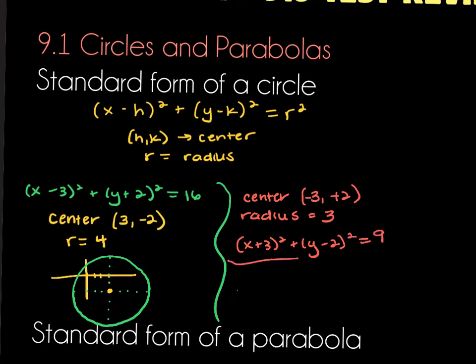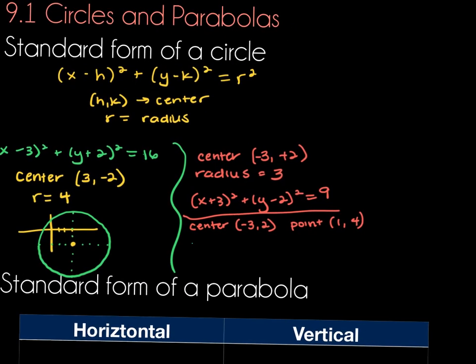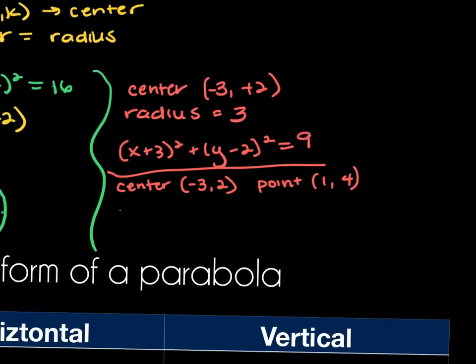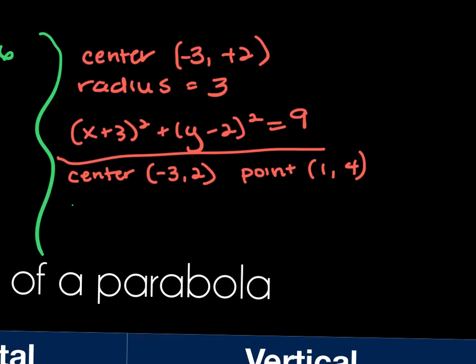And then the last way you could see it is if you're given the center and a point. So like negative 3, 2, point on it, 1, 4, let's say. And so for that, you're going to plug the center in as hk and the point as xy. So I'd get 1 minus a negative 3 squared plus 4 minus 2 squared equals r squared.